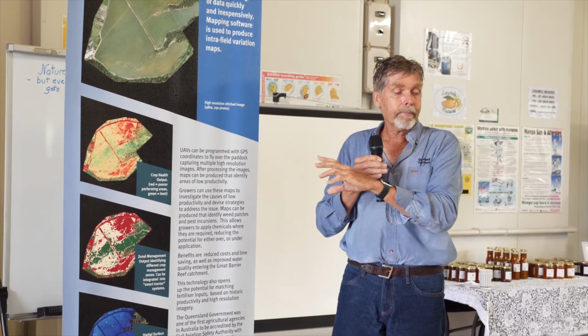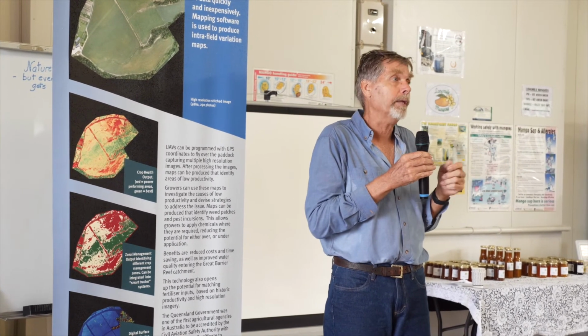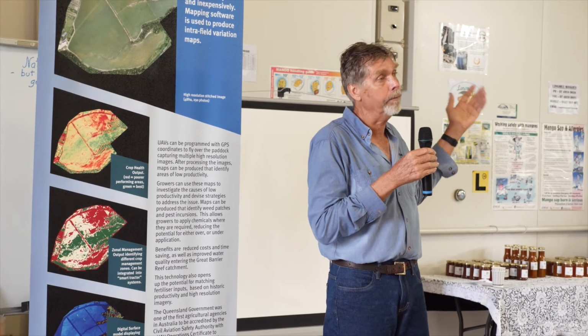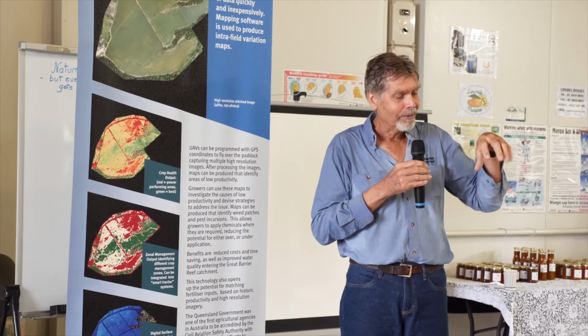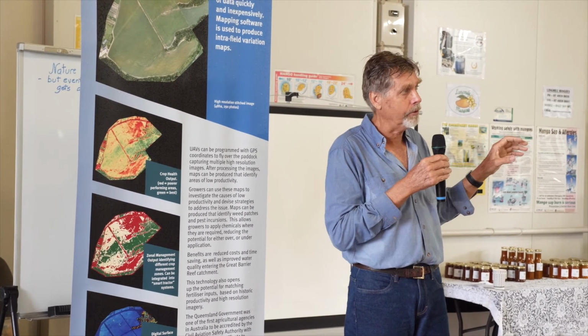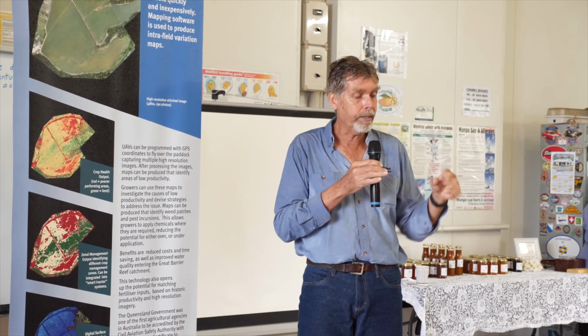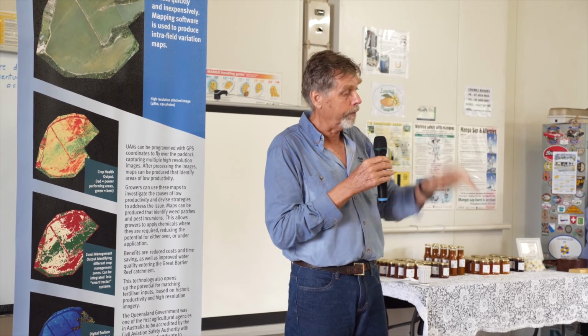I map it. First off, the grower knows whether he's even got a vine problem, whether he needs to do something. If the vine problem is too big, he'll get a manned aircraft in and fly it anyway and spray the whole block. But where it works really well is that the spray drone can go out and just target the patches, can identify where that, through the mapping beforehand, identify where it is, I map it out, and the drone simply goes out and puts the herbicide directly onto that.